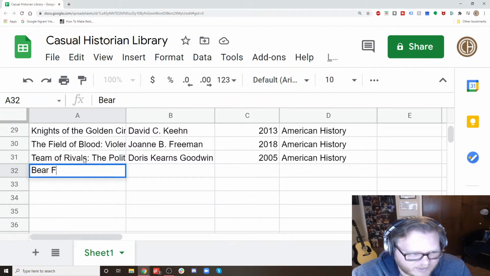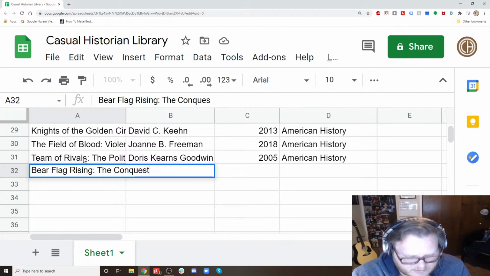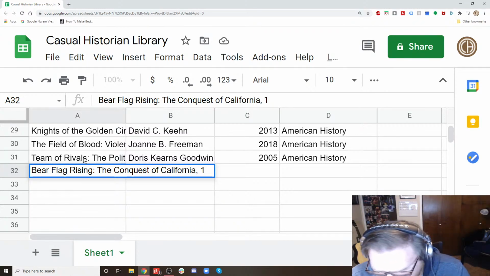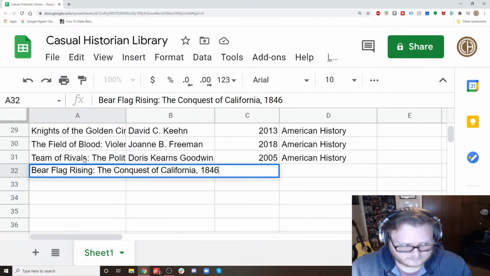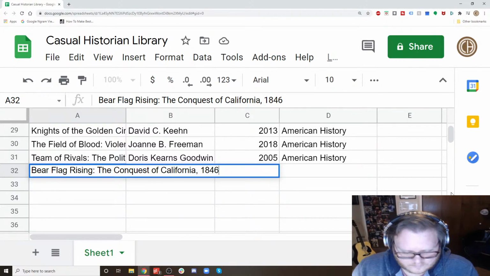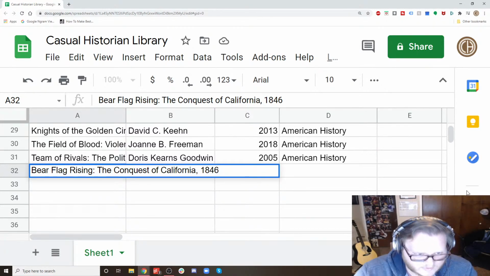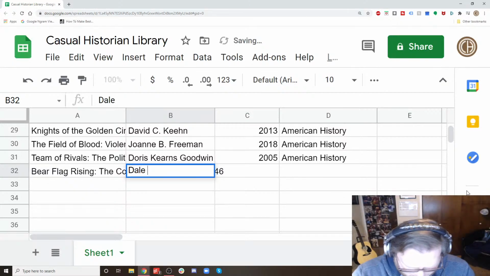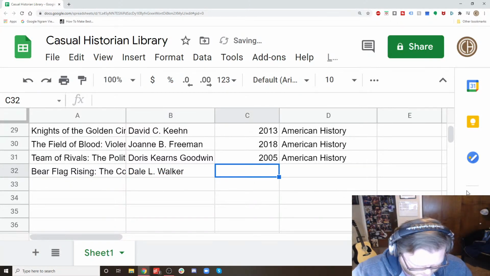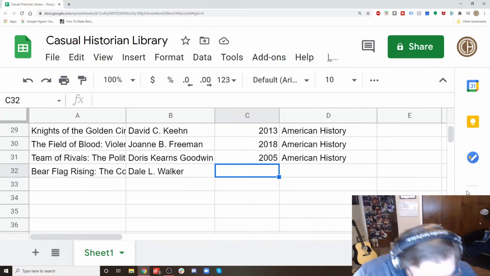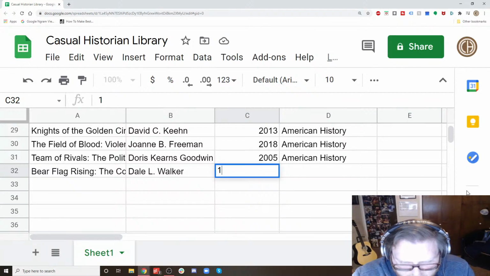Next, Bear Flag Rising, the Conquest of California, 1846, by Dale L. Walker. Copyright 1999.